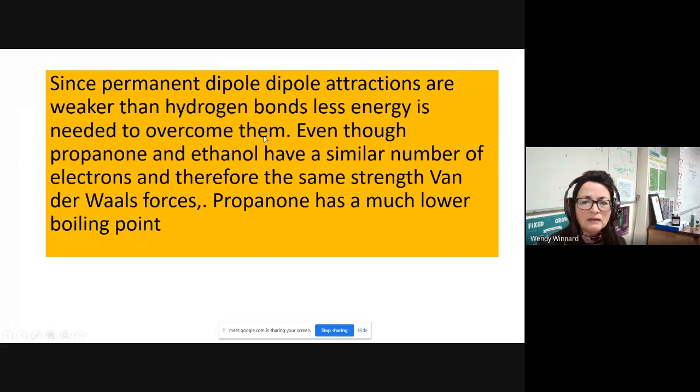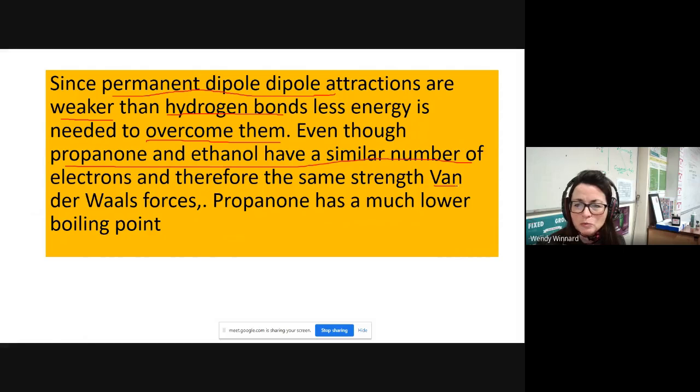You compare the attractions: permanent dipole-dipole attractions are weaker than the hydrogen bonds. Less energy is needed to overcome them, even though they have the same number of electrons.